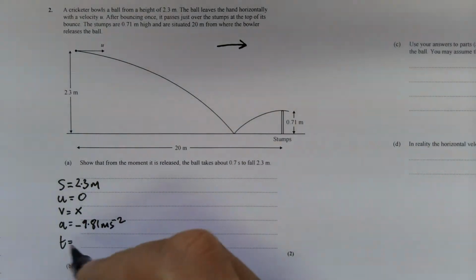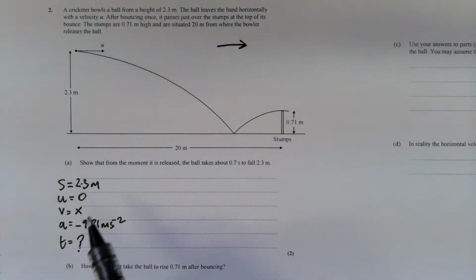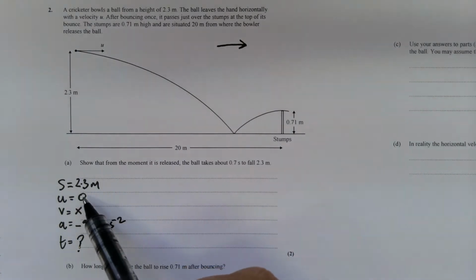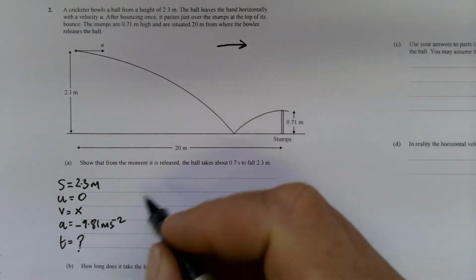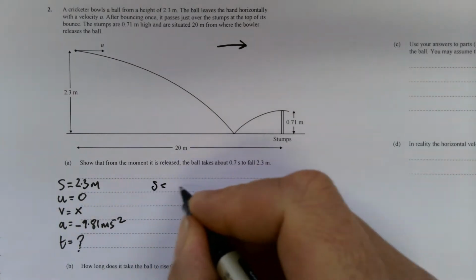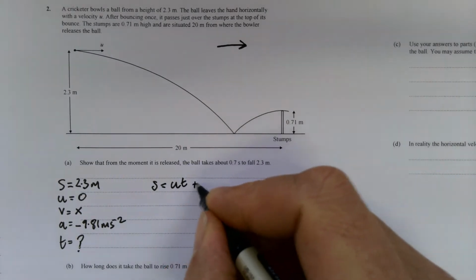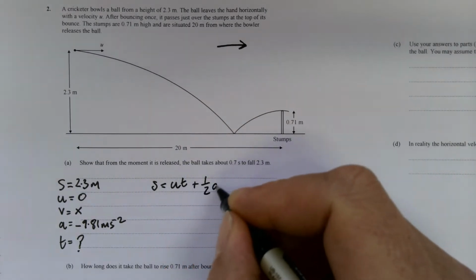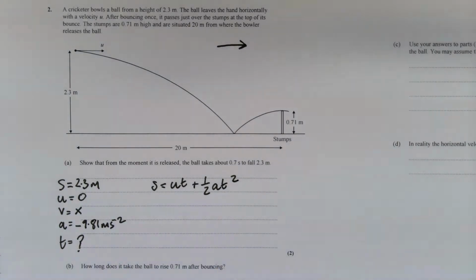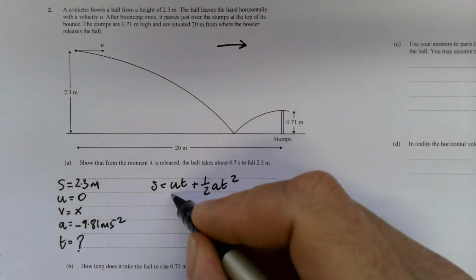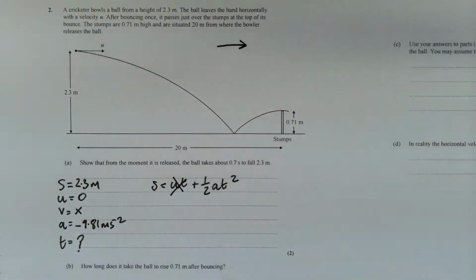So just looking at this, this is the S, U, A, T. We're going to use S equals UT plus half AT squared. But the UT doesn't matter because the U is 0.